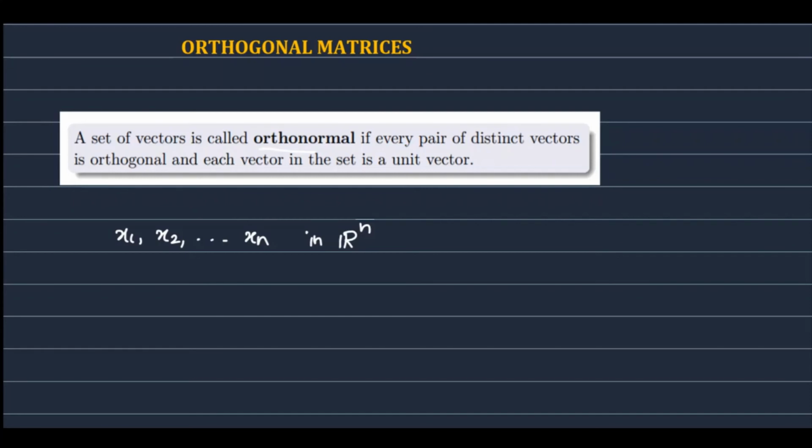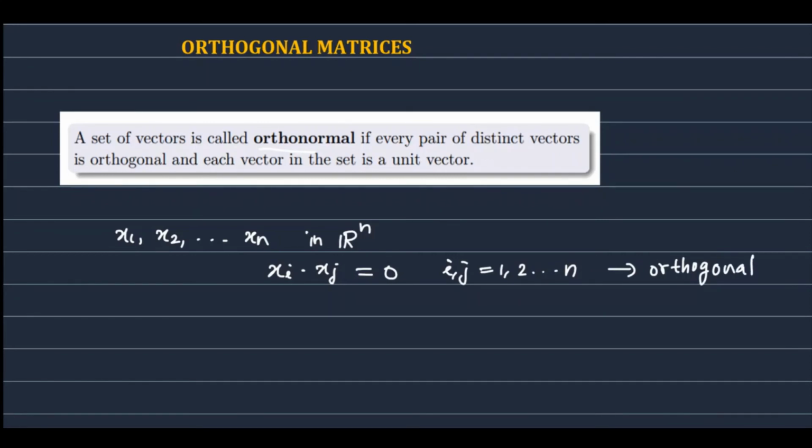It means that the dot product xi dot xj should be 0, where i, j vary from 1 to n. So if this condition is satisfied, they are orthogonal.